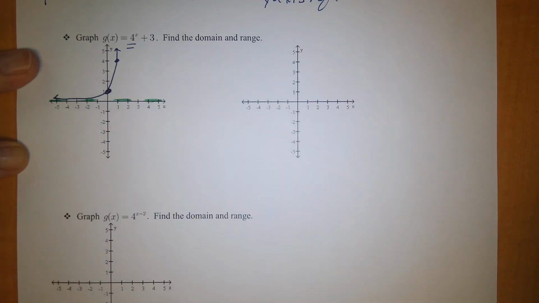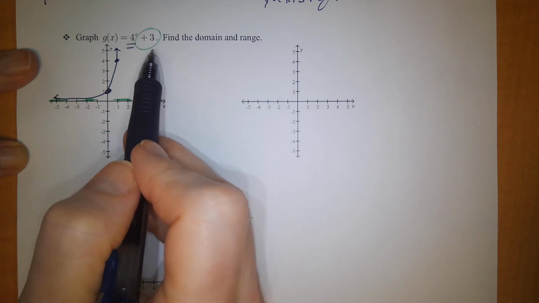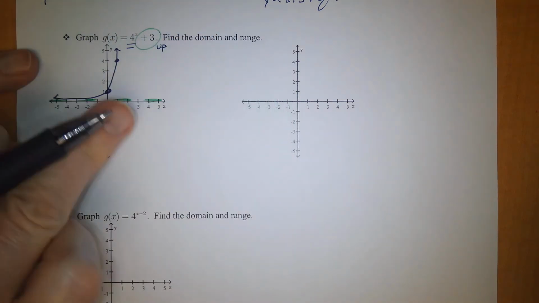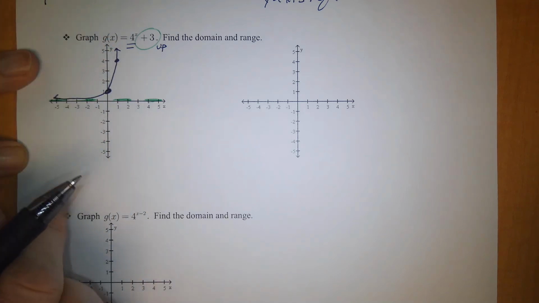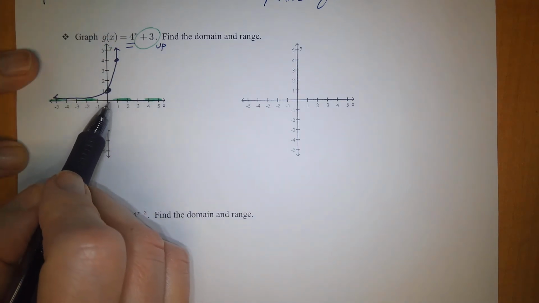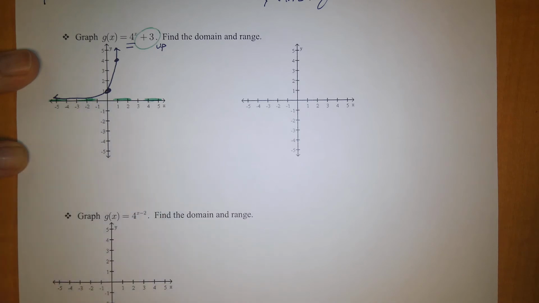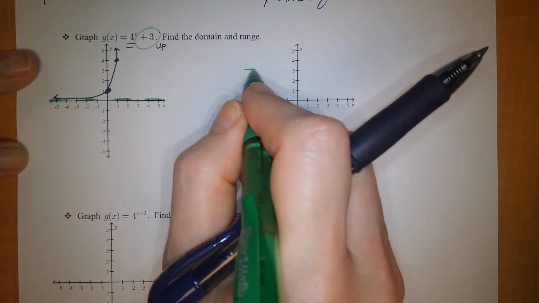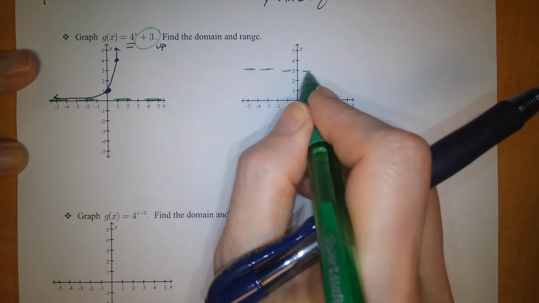But now we're going to apply this transformation. This 3 is being added on the outside of the function, which is going to move this graph up 3 units. It's also going to move the asymptote. So the asymptote that used to lie on the x-axis is now going to be located 3 units up.